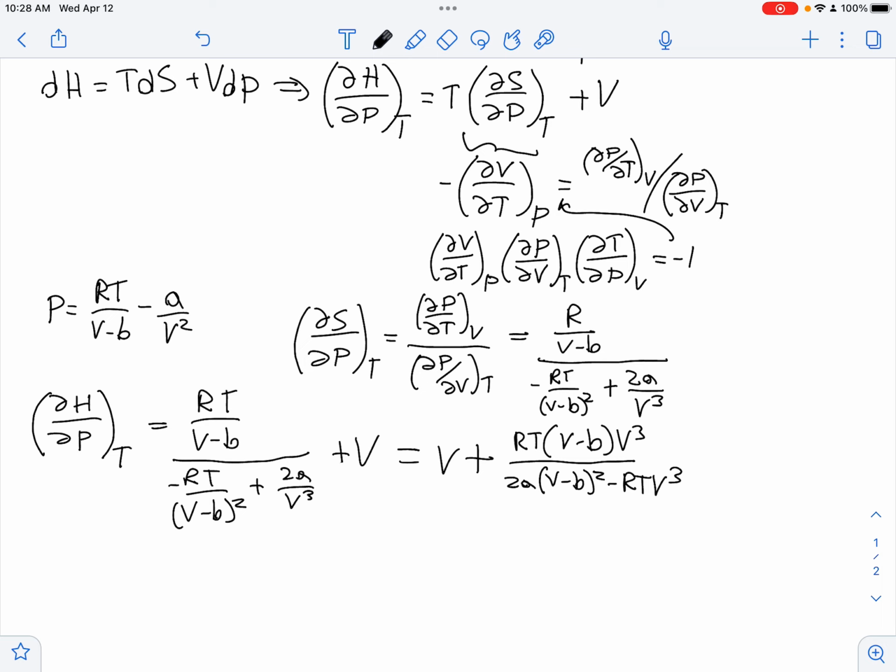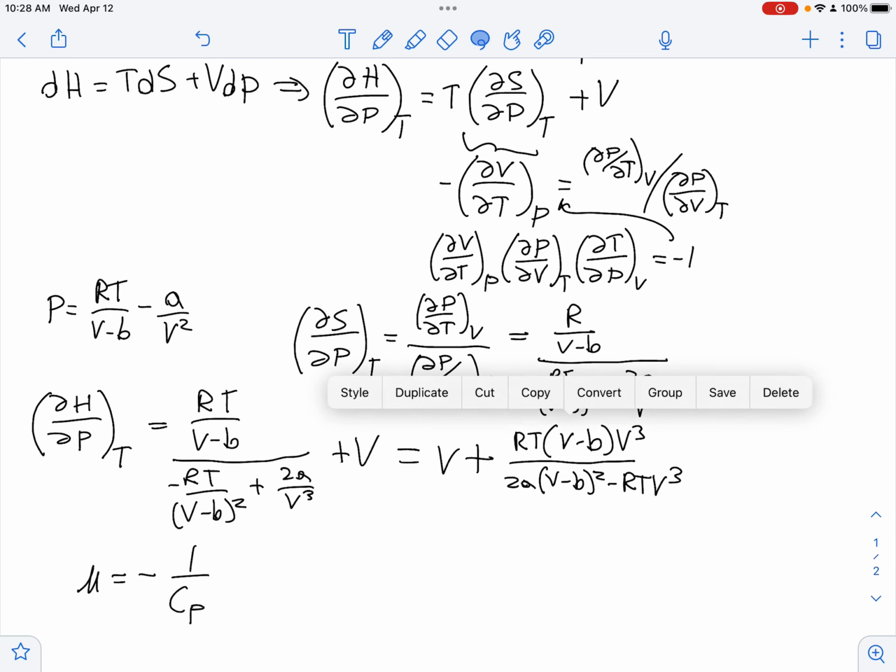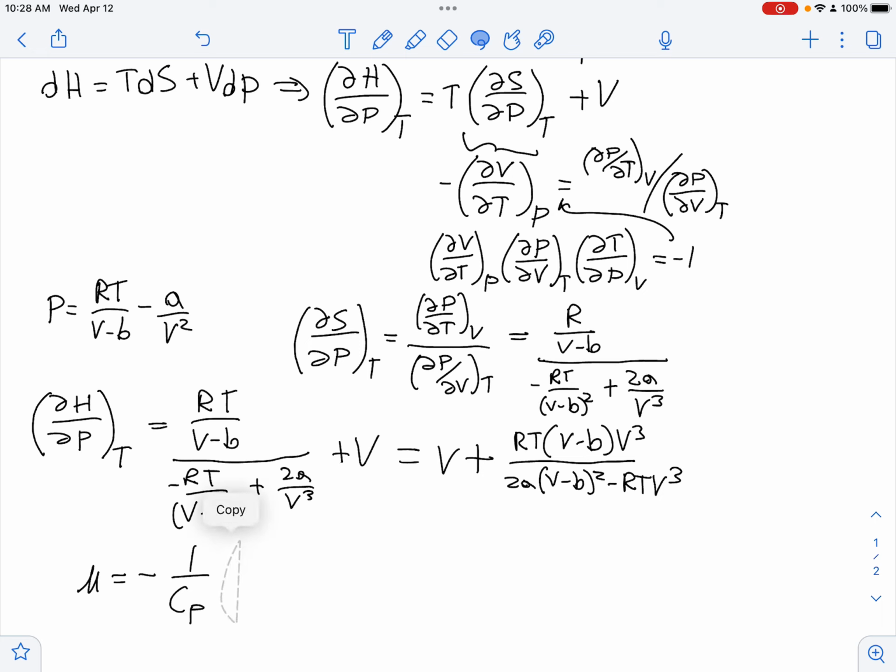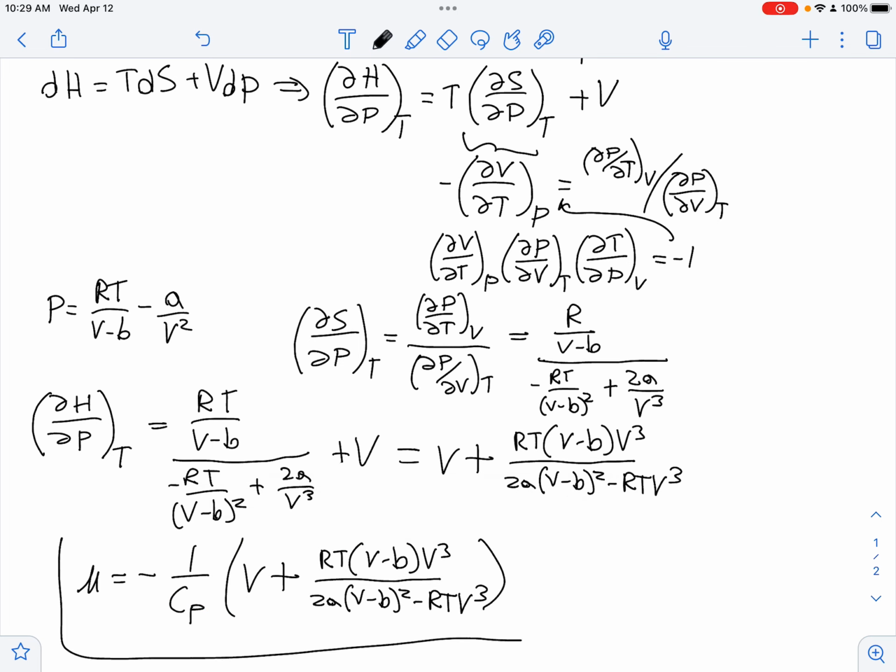So the last step is to calculate mu, which will be minus 1 over Cp times this quantity. And that's the answer we're looking for.